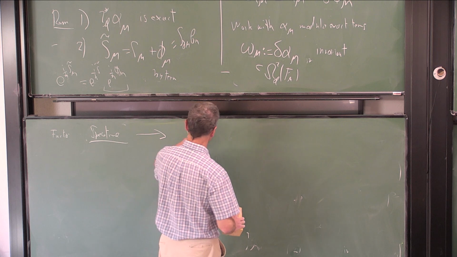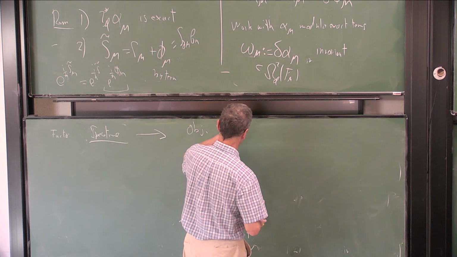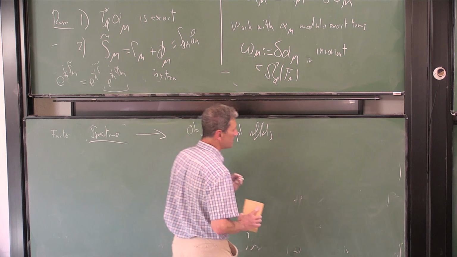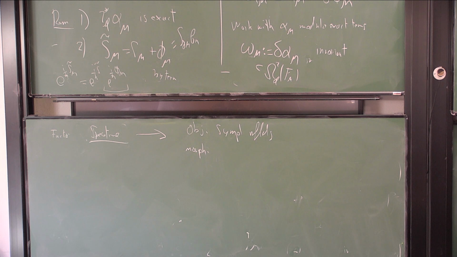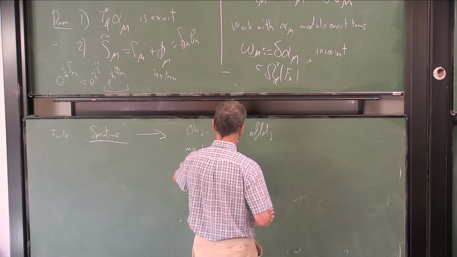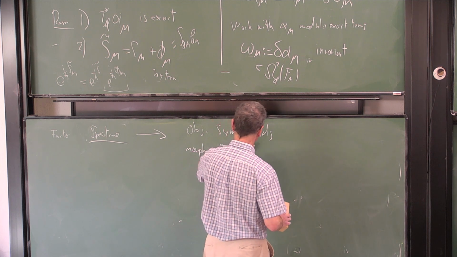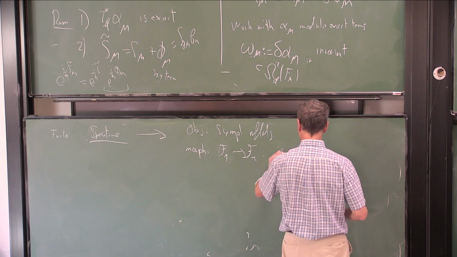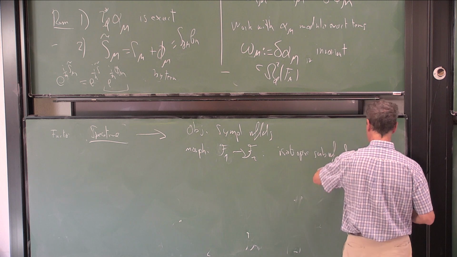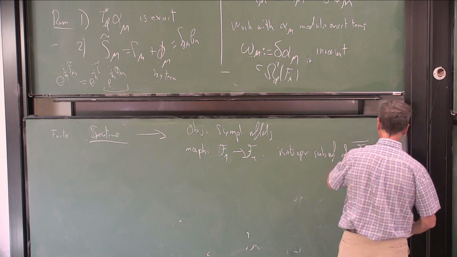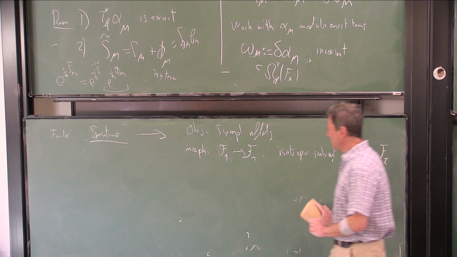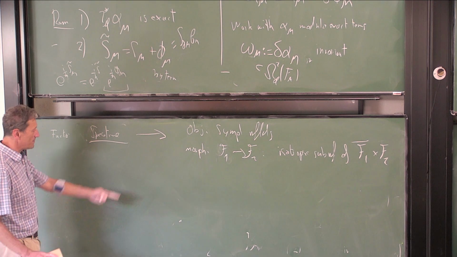The objects should be symplectic manifolds, possibly infinite dimensional, and the morphisms should be these sort of things. A morphism from one manifold F1 to F2 should be thought of as an isotropic submanifold of F1 cross F2, where you have to change the sign of the symplectic form, like in this example. Why do you expect this? The question is, what is the composition?